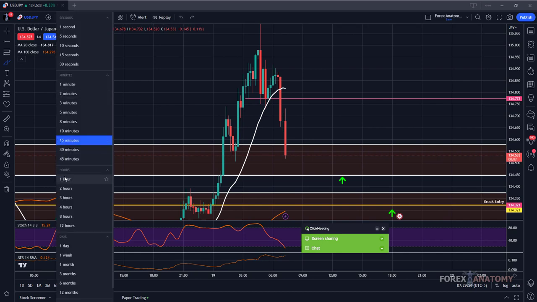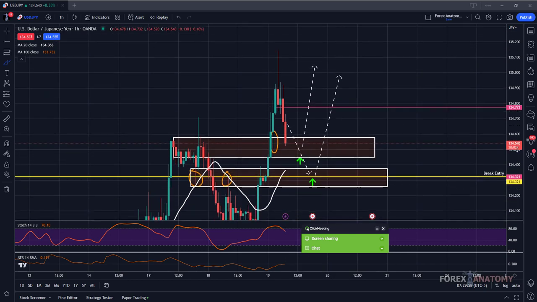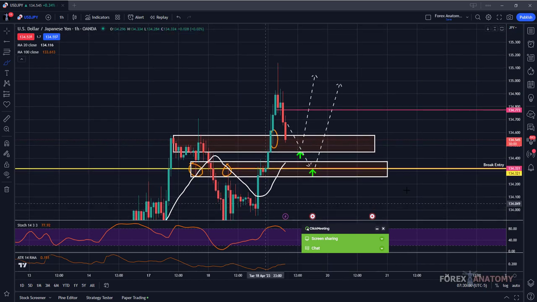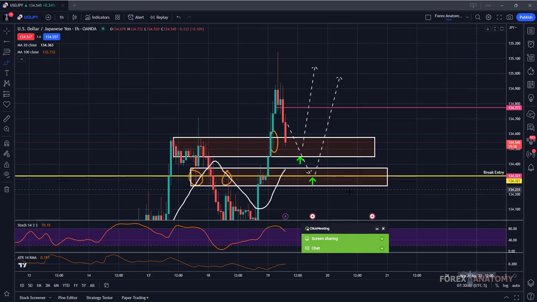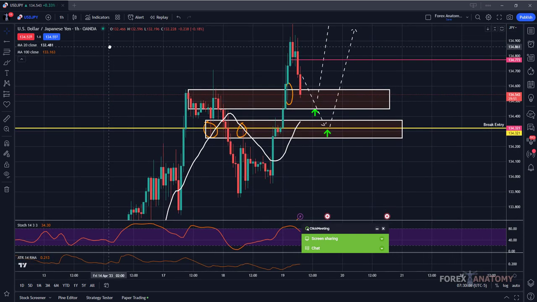But what I'm going to do, we already know price hit this zone right here. I'm going to set up another alert. And this is where it gets kind of iffy and tricky. Let me set up another buy right around here.